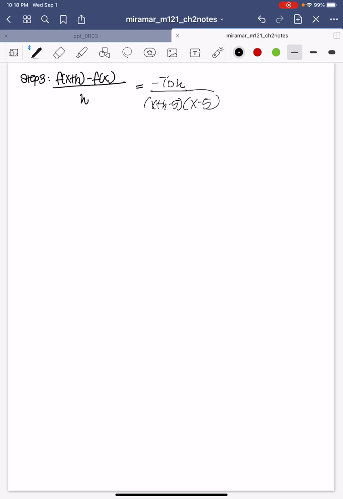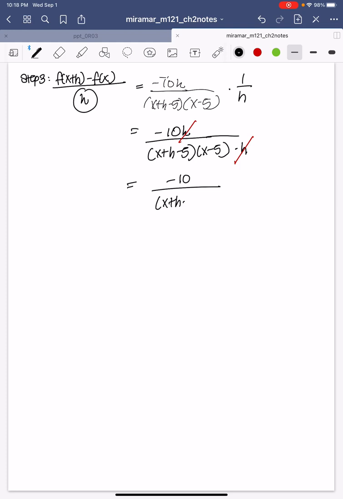And then this divided by h is the same concept as multiplying by 1 over h. Dividing by h is the same thing as multiplying by 1 over h. So I'm going to have negative 10h over x plus h minus 5 times x minus 5, times 1 over h. Notice h cancels out, so I have nicely a negative 10 all over x plus h minus 5 times x minus 5. So that will be step 3.